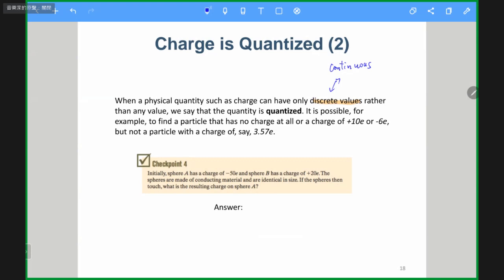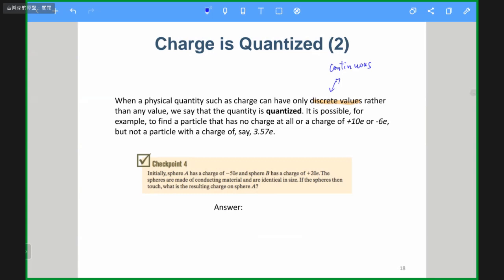You can imagine it is 70 point something, a fractional number. So it looks like a continuous number. We will not consider the mass of us can only be 70 kilograms, 71 kilograms, with no other values in between.